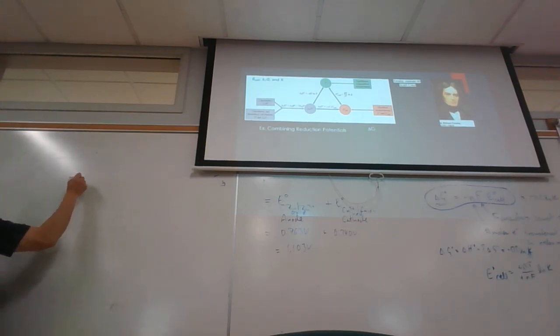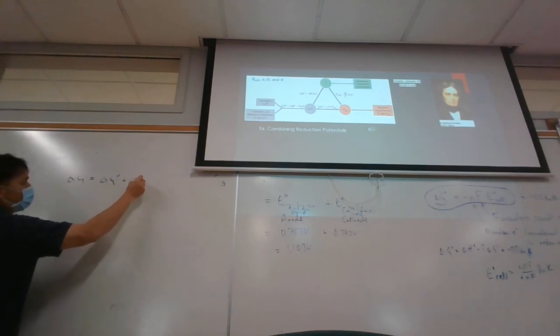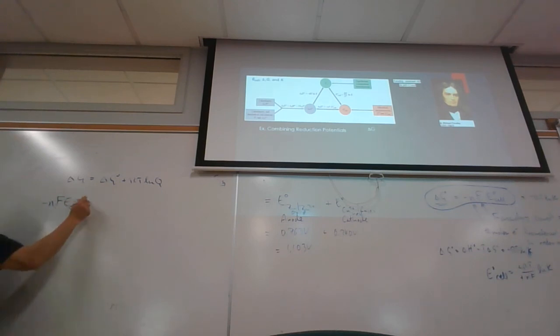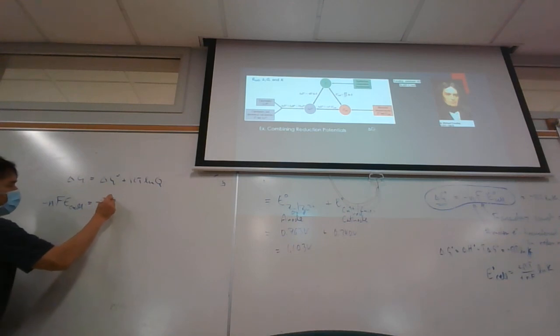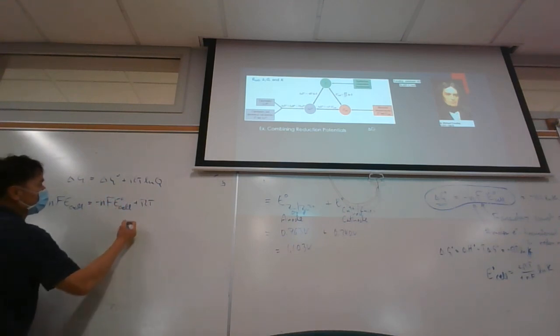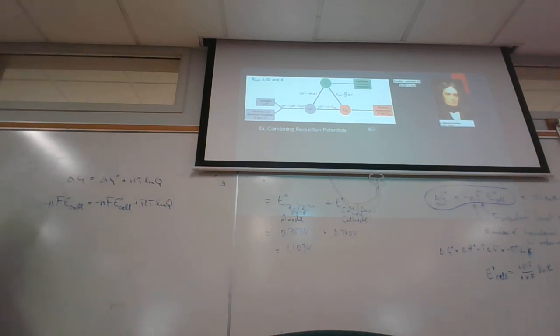Okay, so let's just do one more here. Delta G is equal to delta G naught plus RT ln of Q. So delta G is going to equal minus nFE of the cell under non-standard conditions, is equal to minus nFE of the cell under standard conditions, plus RT ln of Q. Then what we're going to do is divide by minus nF.